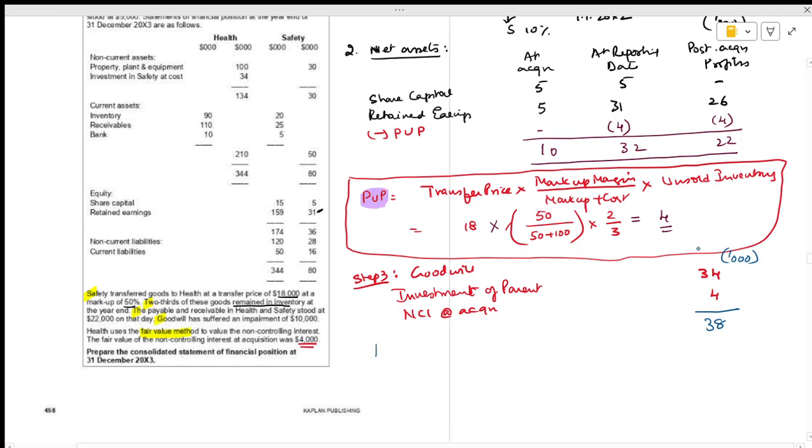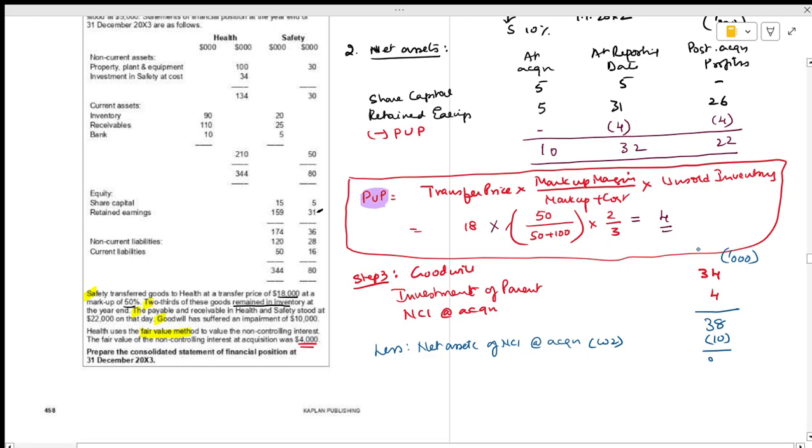Now from here, we will take the net assets of NCI at acquisition, working 2. Minus 10. Is it clear? Yes, 28.